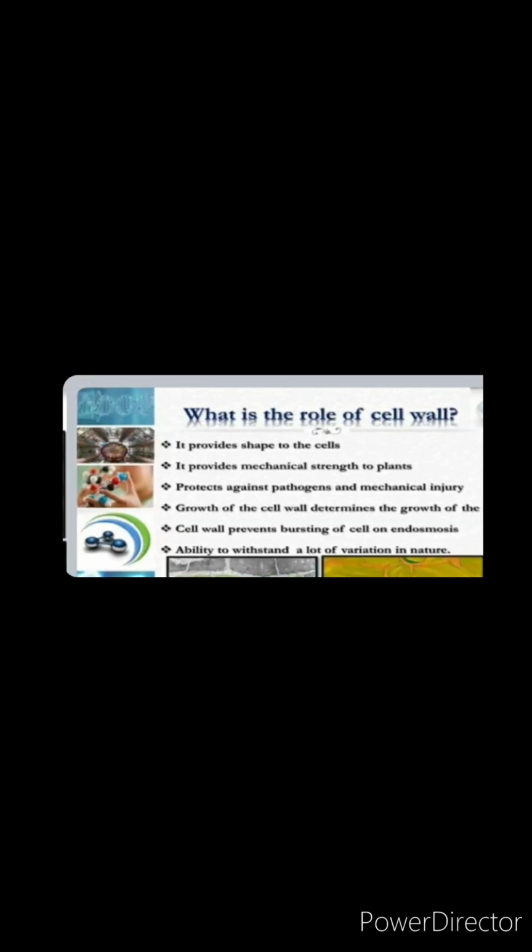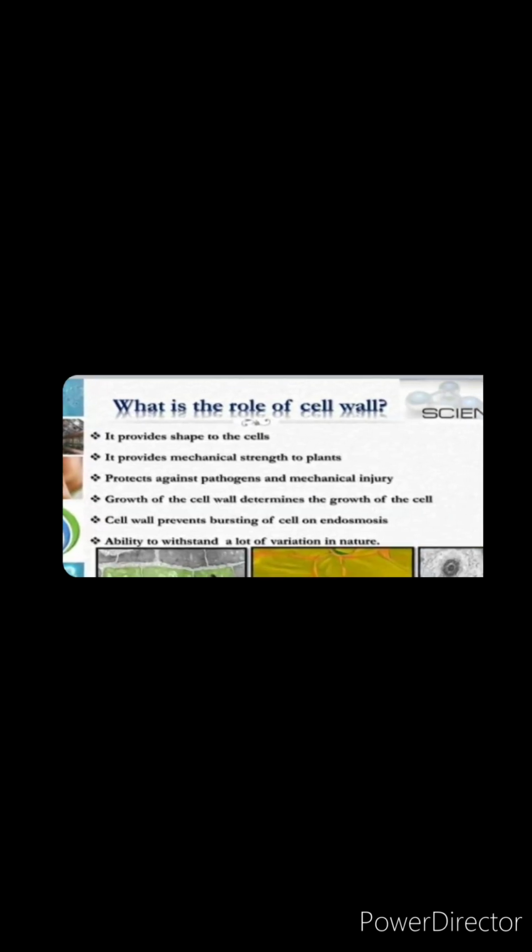So what is the role of the cell wall? I already told you, it is protective in nature. It provides shape to the cell. It provides mechanical strength to the plant, and protects against pathogens and mechanical injury. Growth of the cell wall determines the growth of the cell, and the cell wall prevents the bursting of the cell on endosmosis.